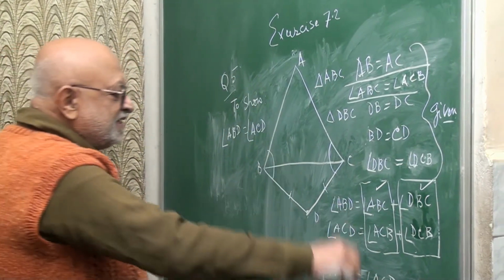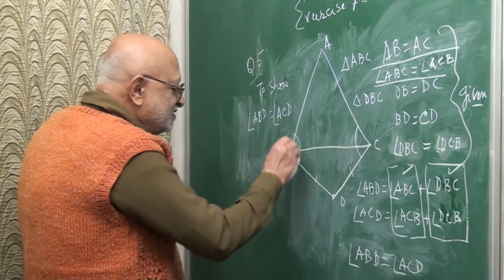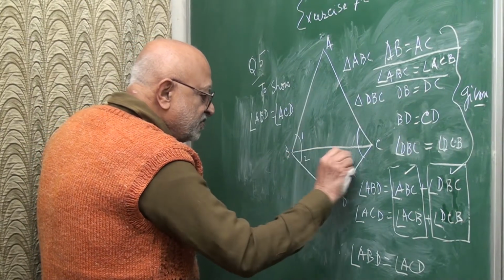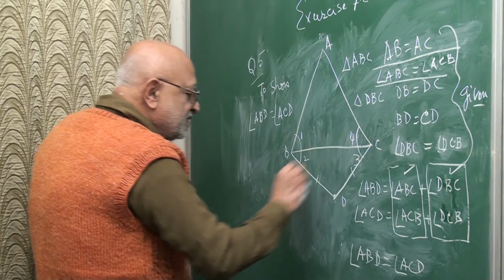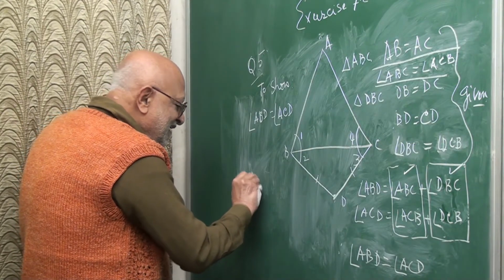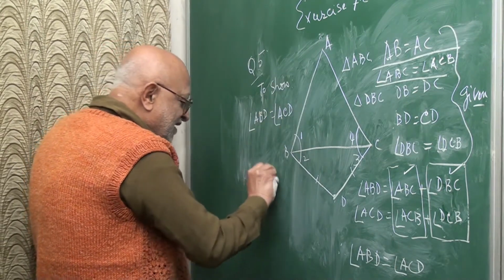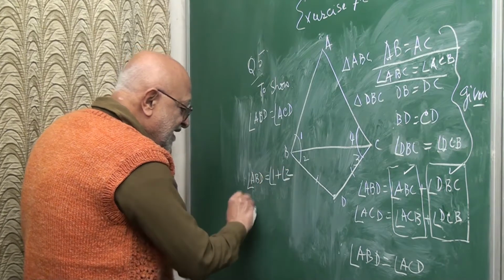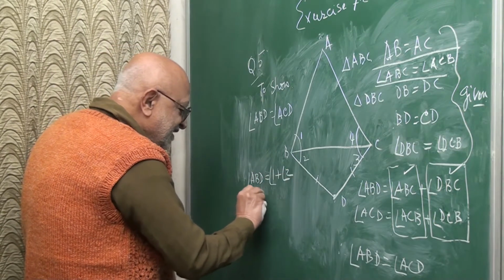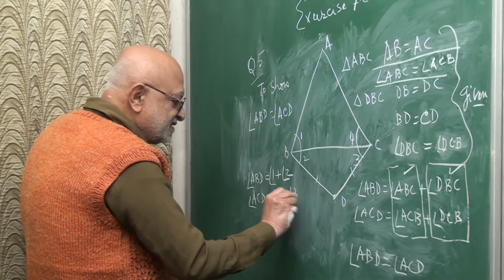So that you don't get confused, there is another way of doing the same thing. Mark this 1, 2, 3, 4. Angle ABD is equal to angle 1 plus angle 2. Angle ACD is equal to angle 4 plus angle 3.